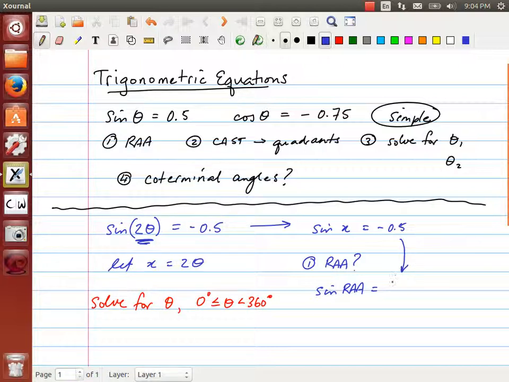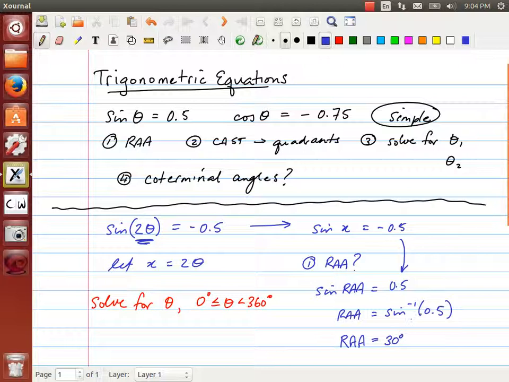So I take the positive version of that, so that's going to give me positive 0.5. And so if I do that, then my related acute angle is equal to the inverse sine of positive 0.5, and for that, I end up with my related acute angle is equal to 30 degrees.